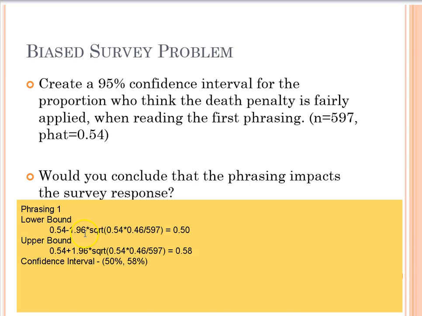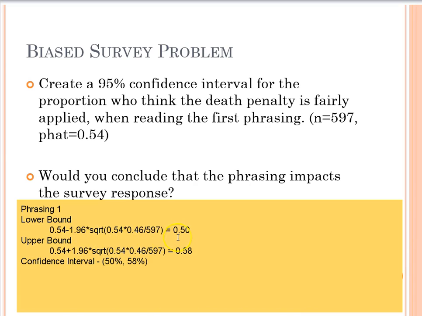Now, you will note that I'm creating a 95% confidence interval, and in the past I've just used 2 for this. But to be completely accurate, the correct critical z is actually 1.96. So if you want to be more precise, for a 95% confidence interval, you would use 1.96.